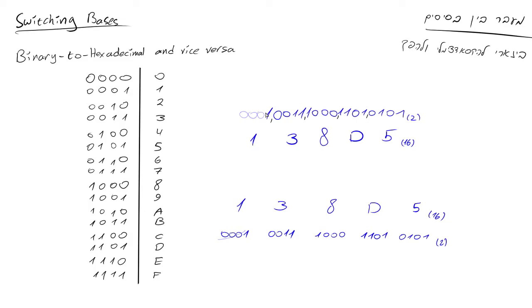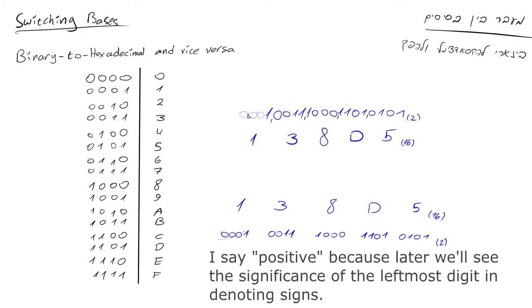When you reach the leftmost position, you need to fill it up to a group of 4. And as you know from like first grade, every positive number you can just add zeros to the left of it and it won't change its value. So you fill up zeros to your heart's content until you have your appropriate group.